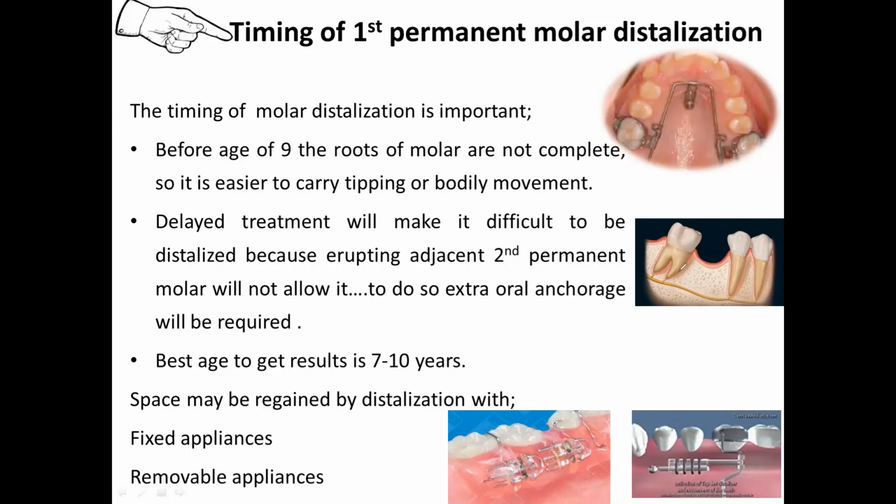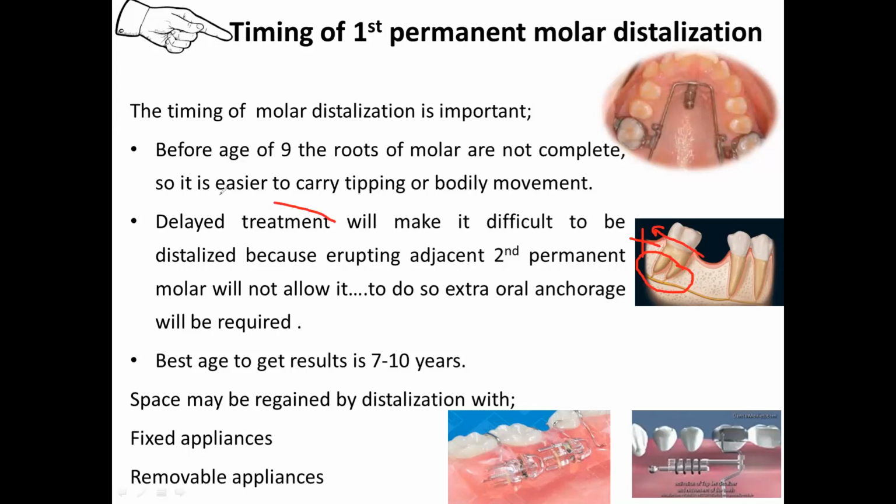So that's why I told you that at the age of 9, the roots of these molars are not well completed, so it's easy to distalize this tooth. Number 2, when the adjacent permanent molar, like the 7 or second permanent molar, has not yet erupted, it is again easy to distalize the tooth.